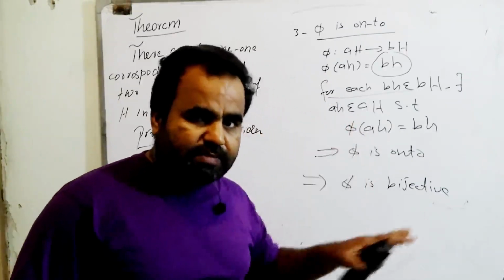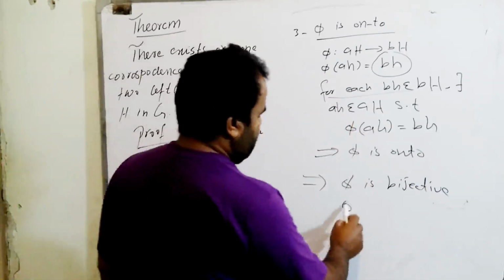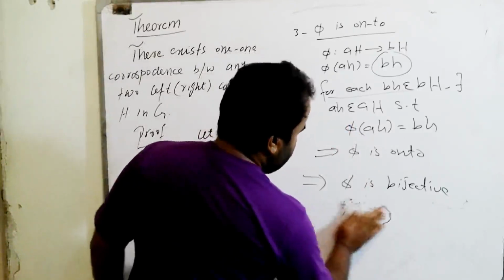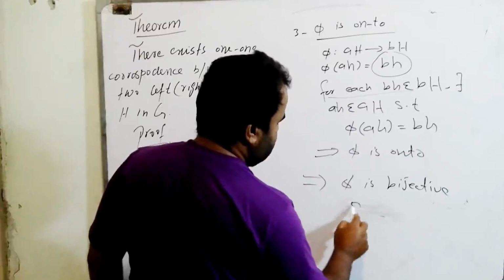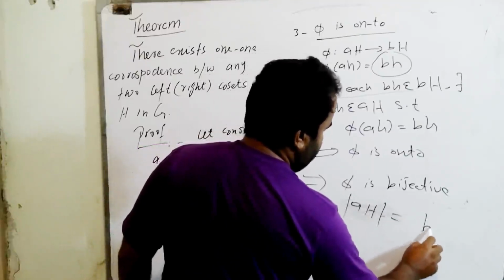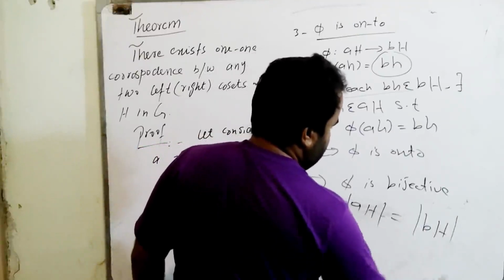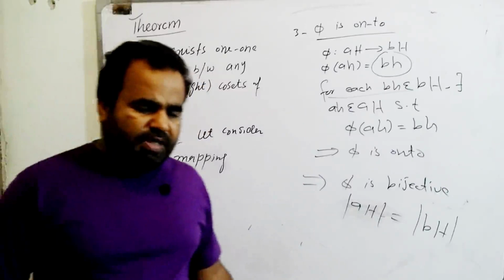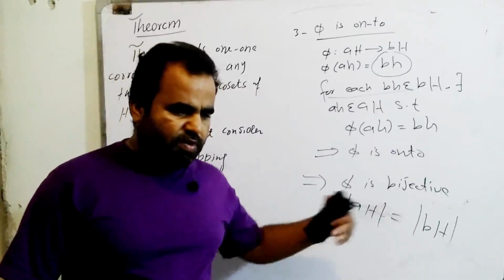This means that the order of AH is equal to the order of BH, that is, the number of elements in AH is equal to the number of elements in BH. So there is a one-to-one correspondence.